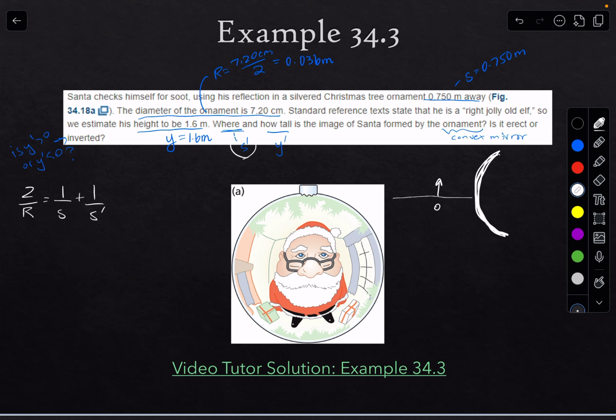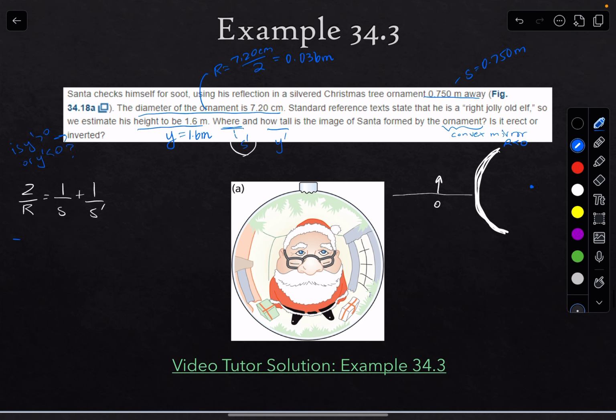So convex means R is less than 0, and that's because the radius of curvature is not on the same side as the ray. So here we're going to put in negative 2 over 0.036 meters. That's going to equal 1 over our object distance plus our unknown.